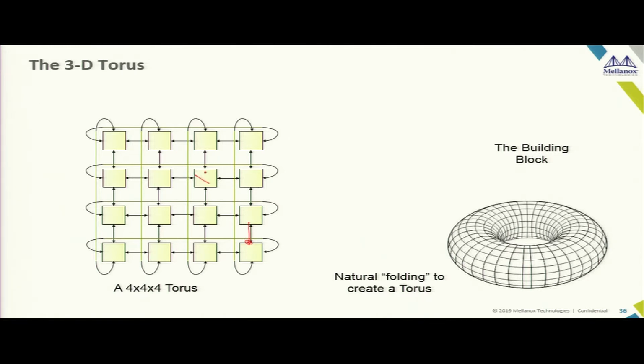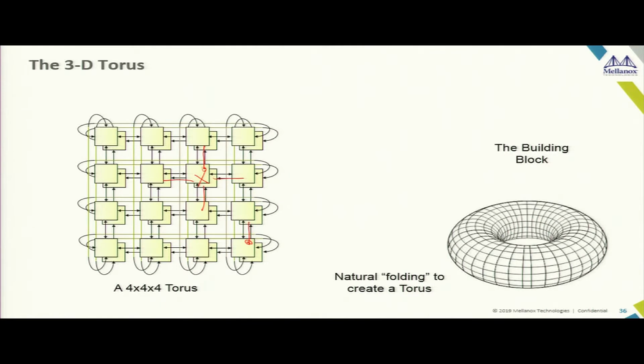If you consider this silicon, it has some ports going here, some here, some here. So it connects in X and Y directions. This is a pure 2D torus, or a standard 2D mesh. You bring in another layer of the same thing and connect it in the Z direction as well. Then it forms a 3D torus.